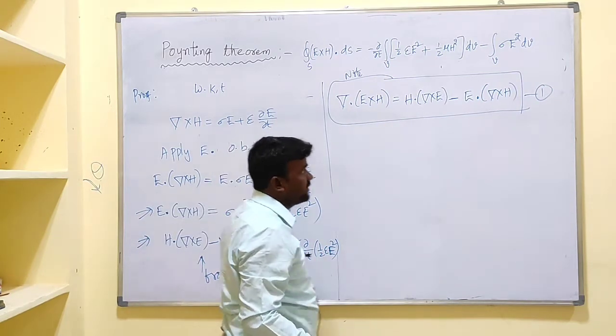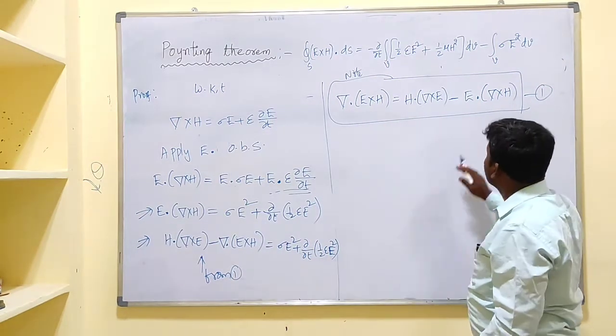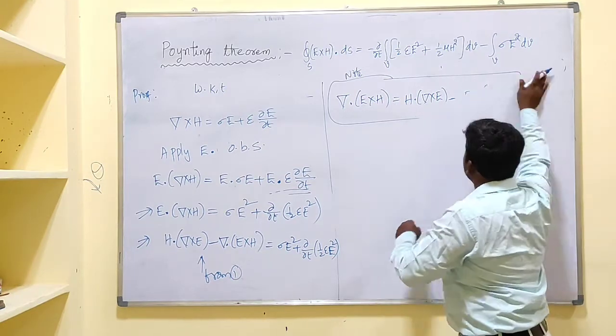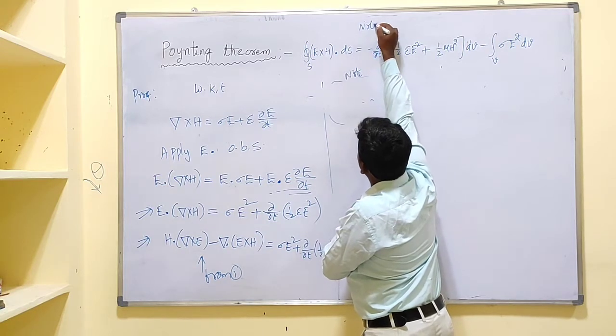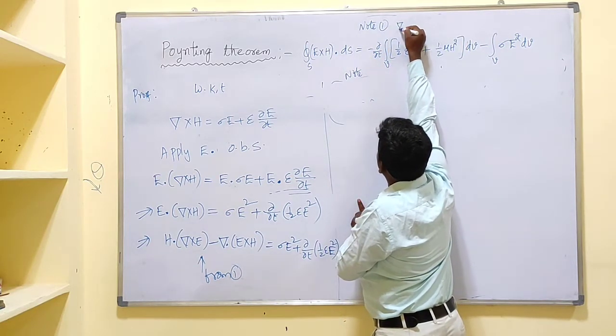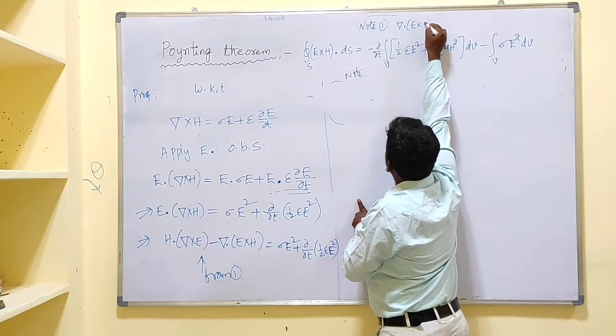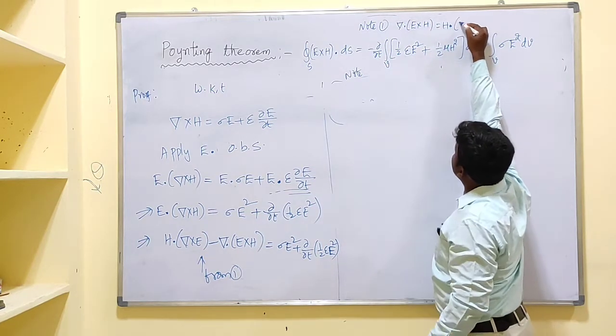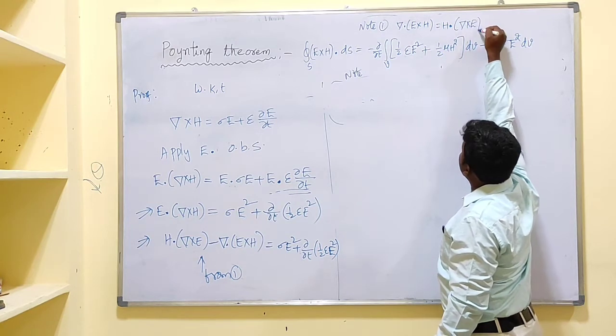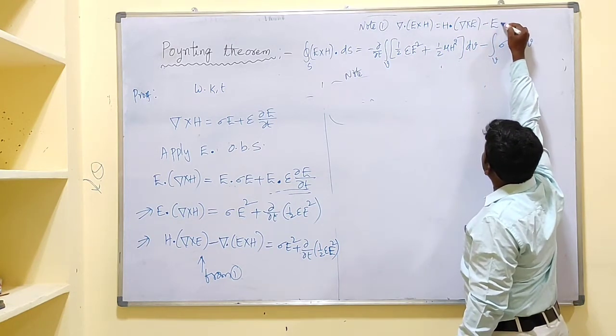Now let us simplify the left side part. Note 1: ∇·(E×H) is equal to H·(∇×E) minus E·(∇×H).